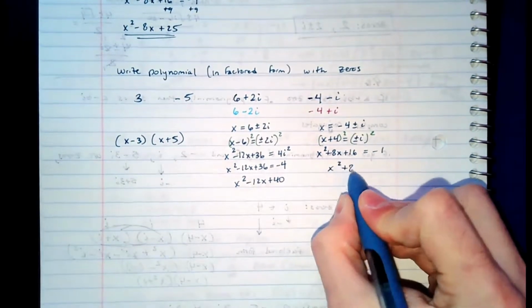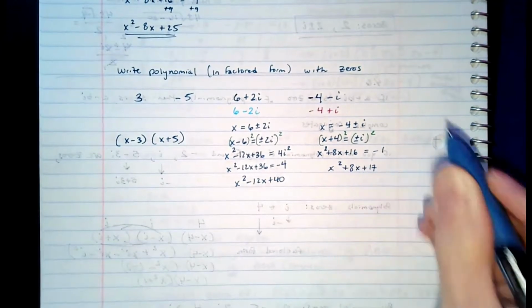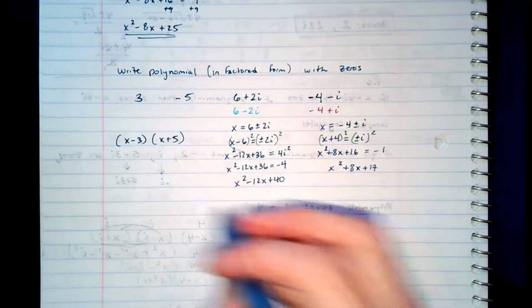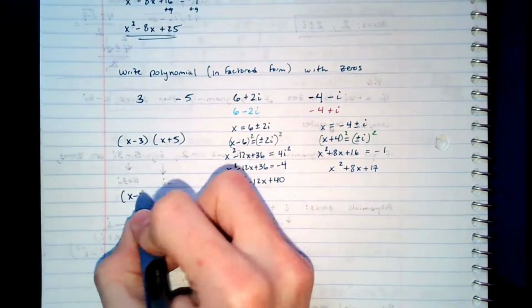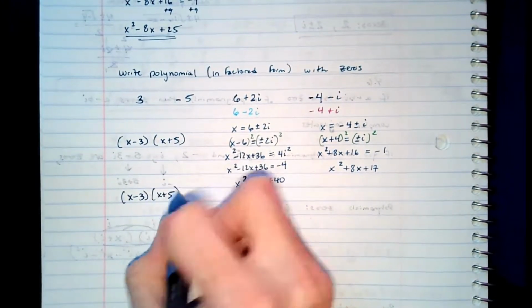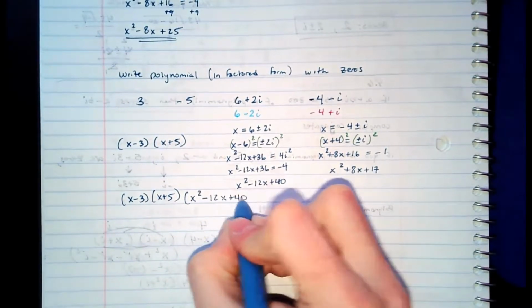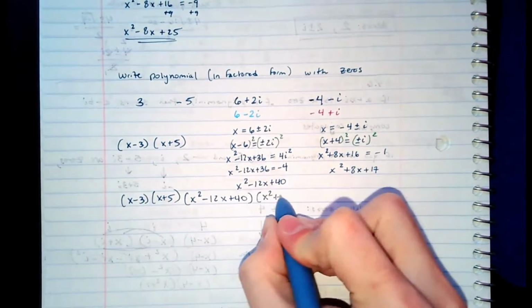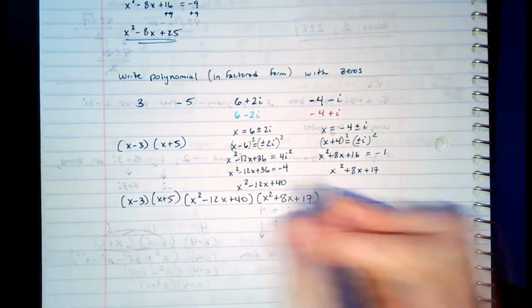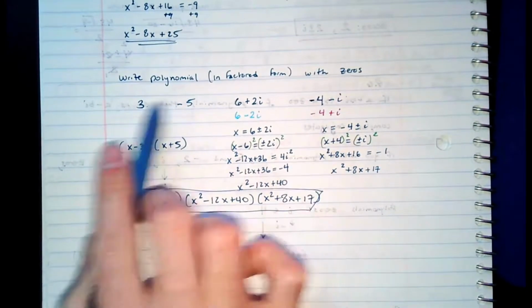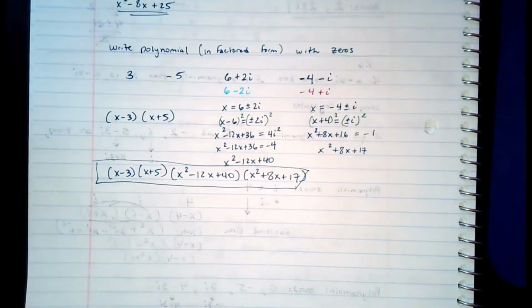We get x squared plus 8x plus 17 when we add the 1 to the other side. So the polynomial in factored form, which I would not want you to spend the time multiplying out, it's a 6th degree polynomial that would take you forever to figure out what all of it was, looks like this. You take this polynomial right here, you plug in any of these 6 values, and you do get 0.